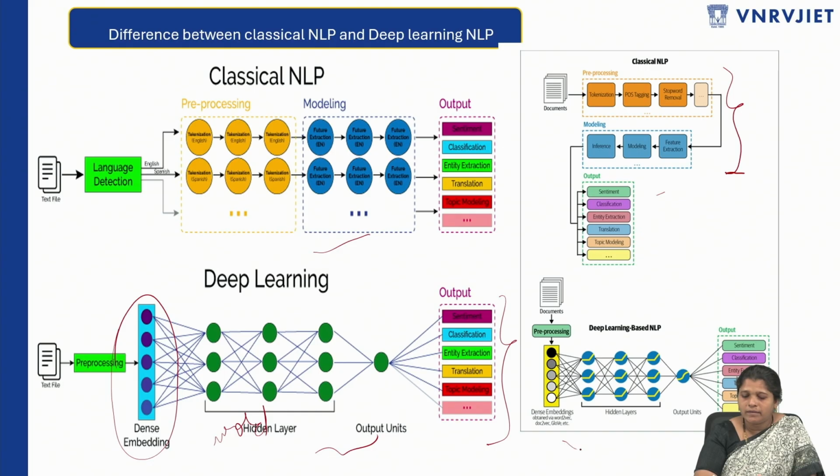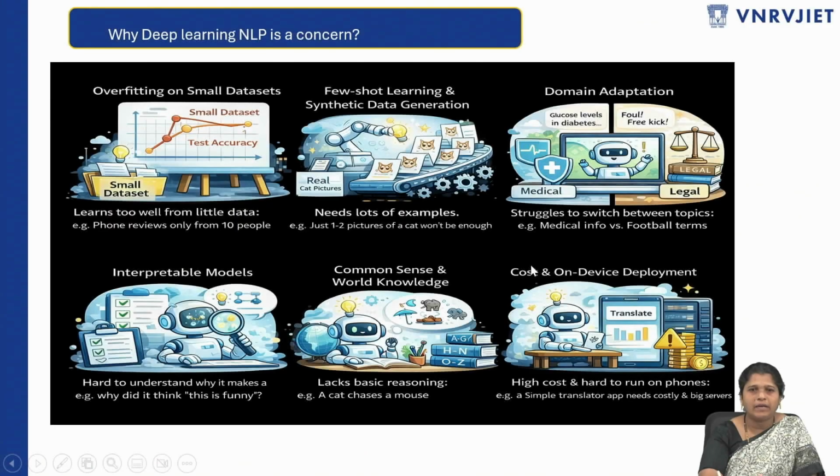This is done with the use of dense embeddings. Here it is done one after the other: after the pre-processing step comes the modeling, then the processing, and finally the prediction of the results.